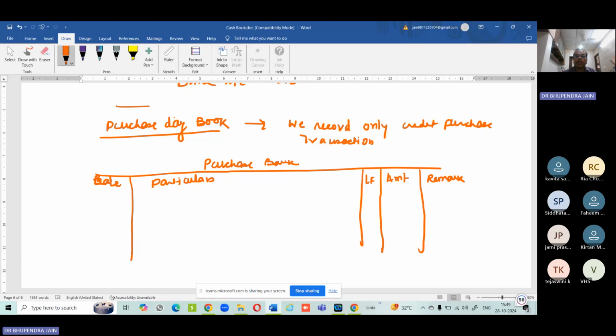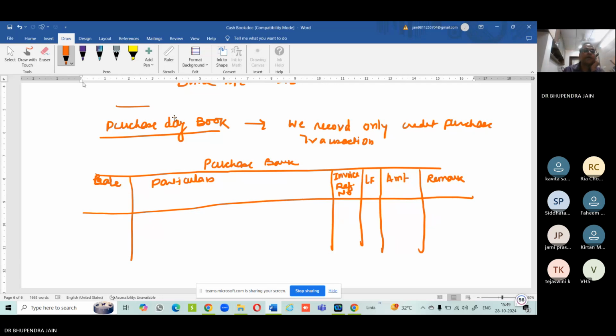This column is the LF number. And this column is the invoice reference number.